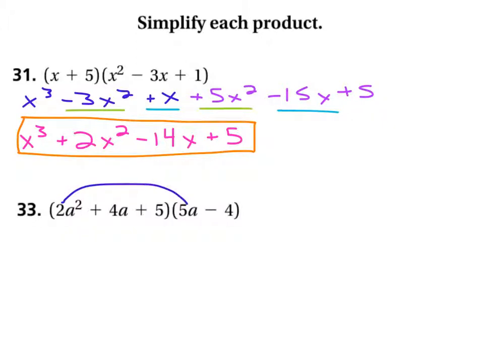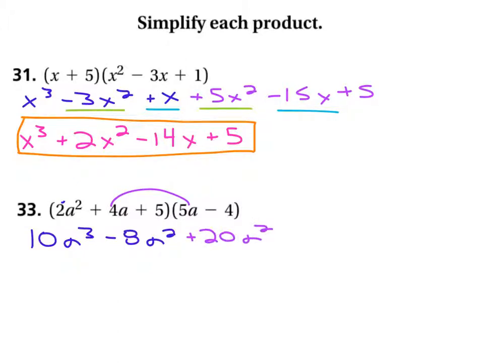Let's say 2a squared times 5a gives us 10a cubed. Then 2a squared times negative 4 is negative 8a squared. Okay? We've done it from the 2a squared, so we're going to erase that. Now we're going to do it from the 4a. 4a times 5a is plus 20a squared.